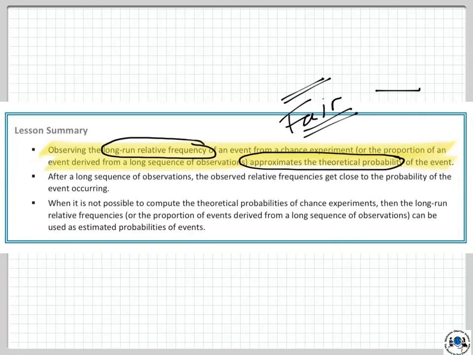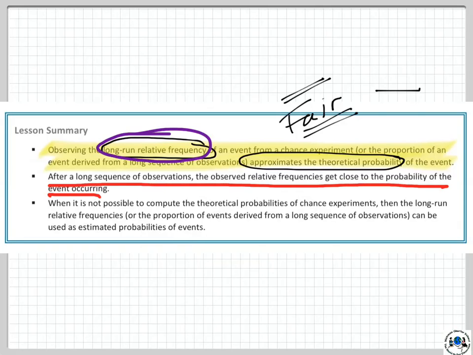But we can approximate a theoretical probability with a long run of trials. After a long sequence of observations, the observed relative frequencies get close to the probability of the event occurring. This relative frequency will get very close to the theoretical probability, probably never exactly reaching or maintaining it, but it will get close. And we saw that happen both times with Beth's first graphs.